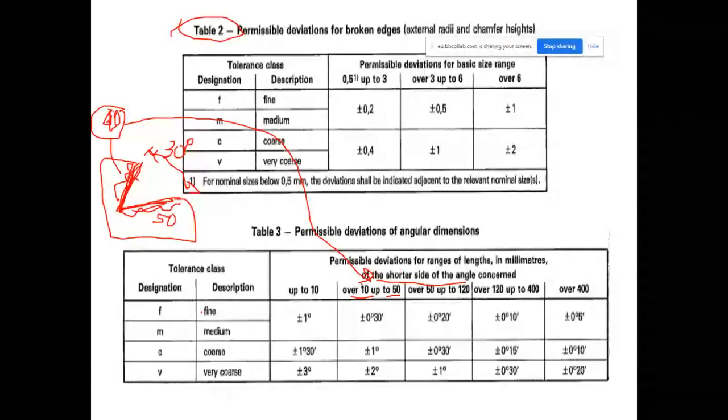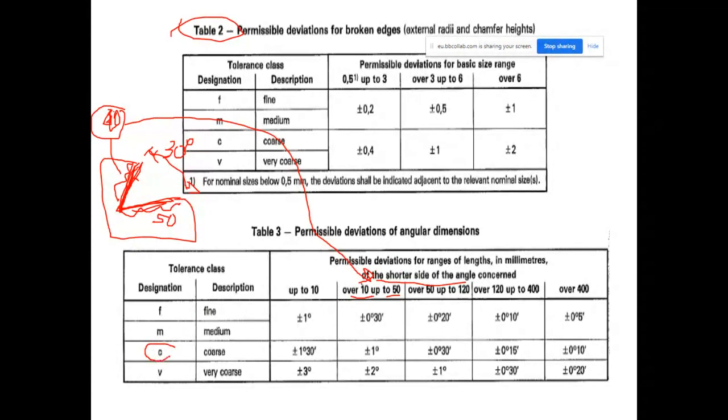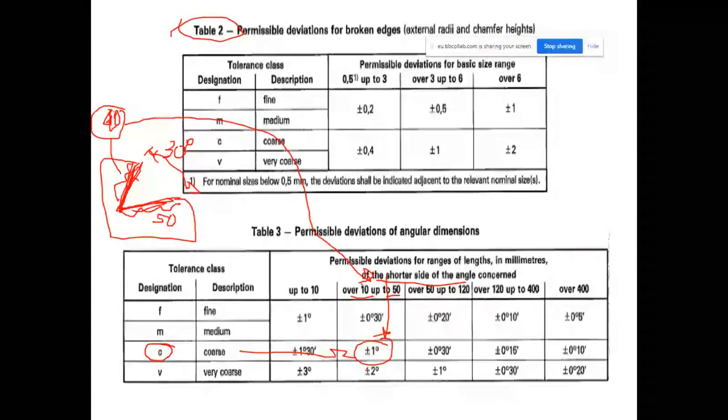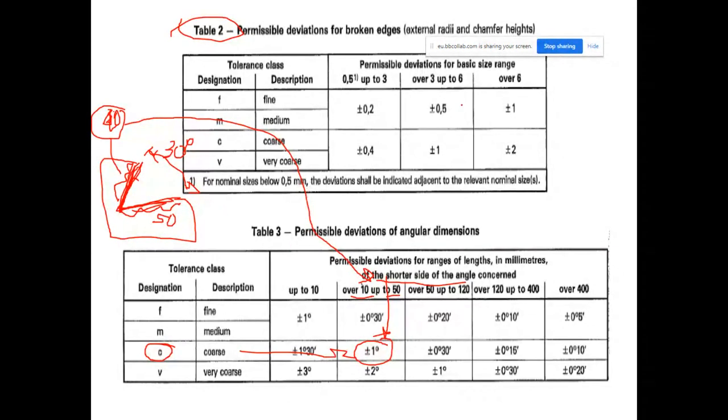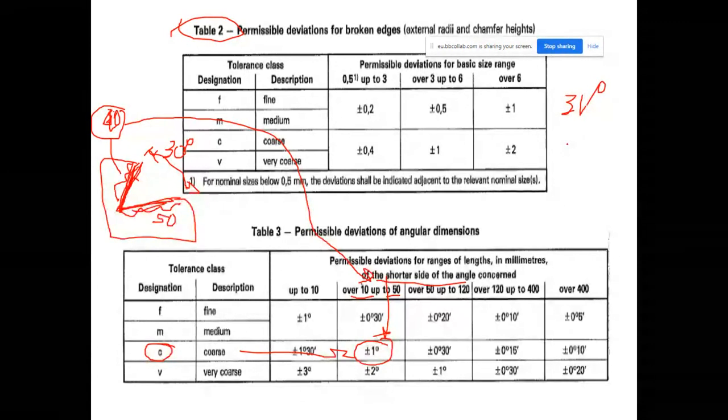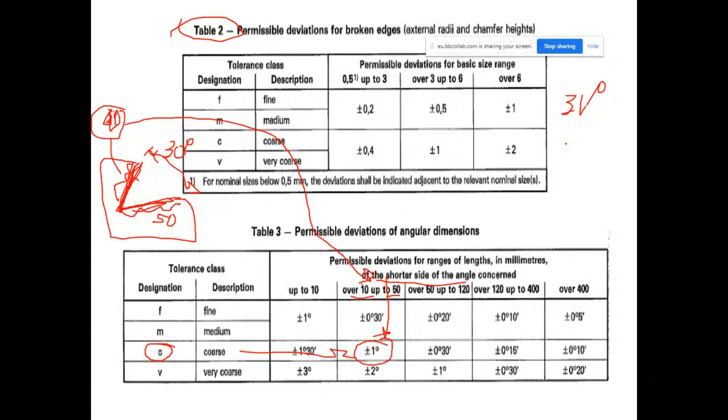So, well, our class is coarse in our example. So from this column, from this row following, we can see that upper lower deviations are 1. So upper limit 31 degrees, lower limit 29 degrees. And the tolerance for this angle in our example is equal to 2 degrees.